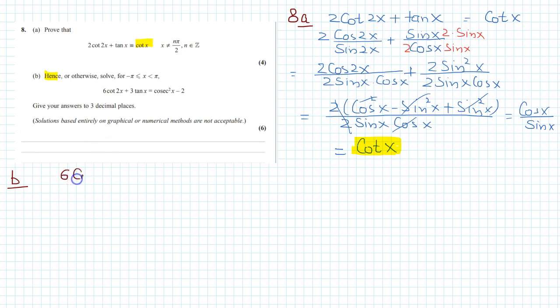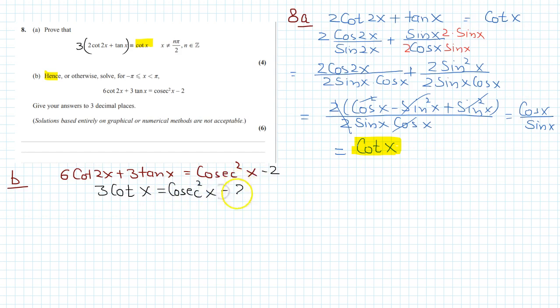6 cot 2x plus 3 tan x is equal to cosec square x. Now if I multiply this by 3, so it will be 6 cot 2x plus 3 tan x, so I can write this as 3 cot x is equal to cosec square x minus 2.